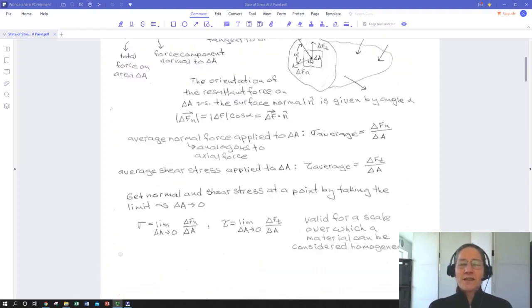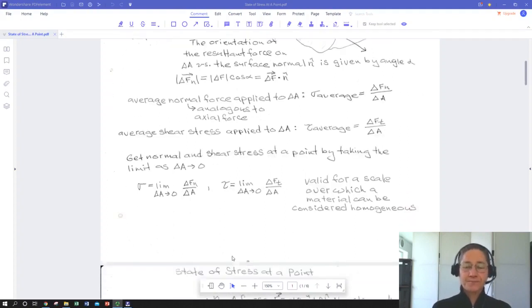Okay, if we wanted to get the stress at any discrete point, like a singular point that had no area, all we would have to do is take the limit of each of these two expressions as delta A approaches 0. And then we would get the state of normal and shear stress at that point.